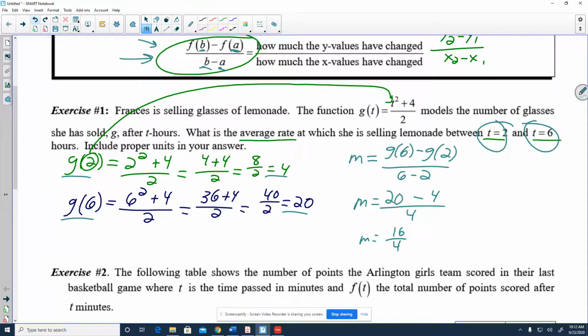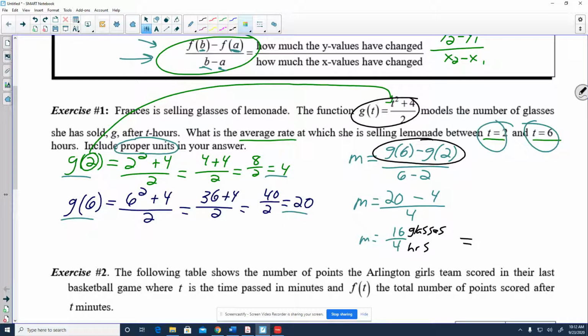But it says to include proper units. When we're doing the average rate of change in a real world problem, the g's mean number of glasses. Our output from this function tells us how many glasses we're selling after a certain number of hours. So our top is 16 glasses over 4 hours.